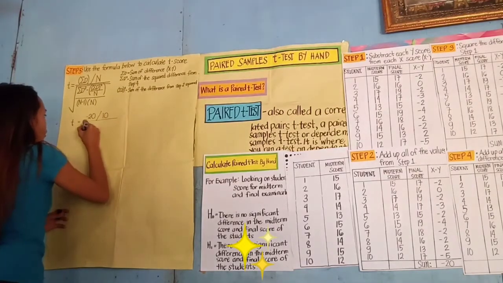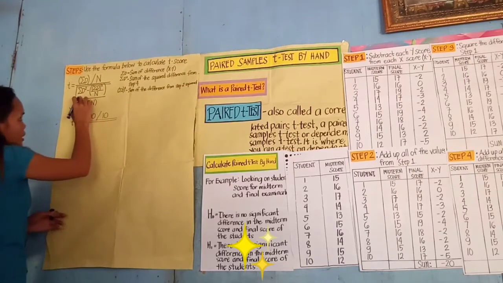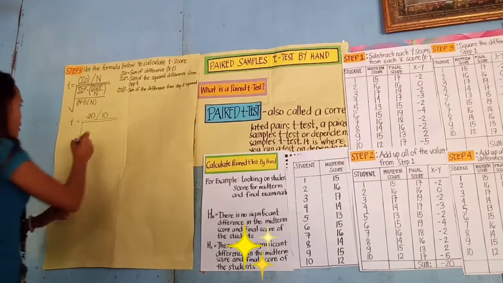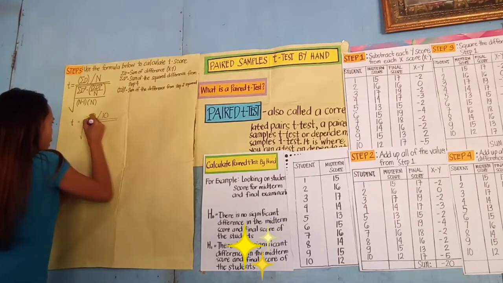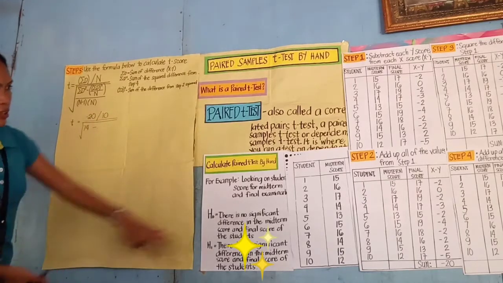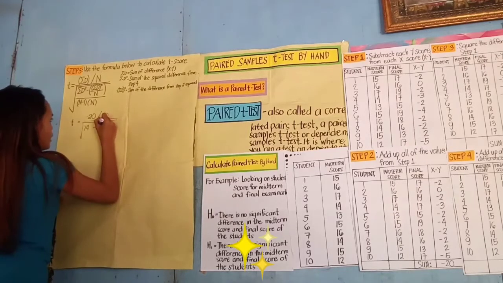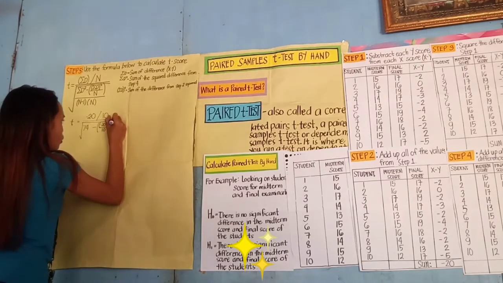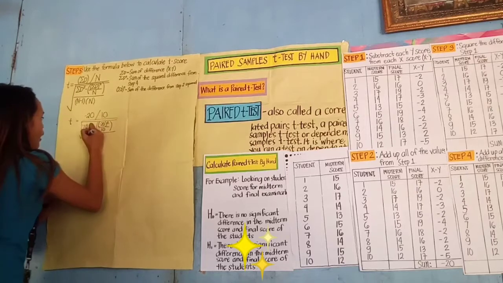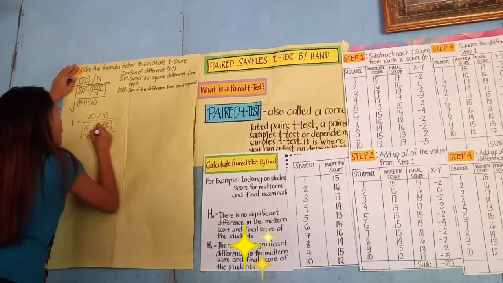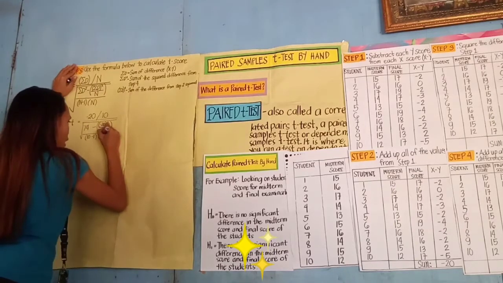Then, all over the square root of the sum of square difference from step 4, which is 74, minus the sum of difference from step 2, which is negative 20, then squared, divided by n, all over n minus 1, where n is equal to 10, times n.